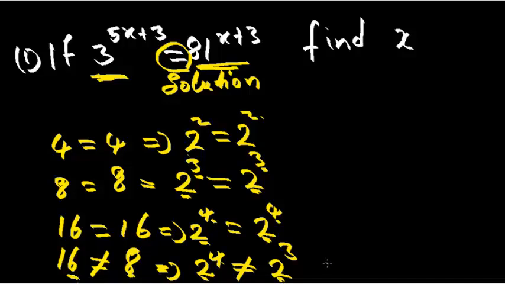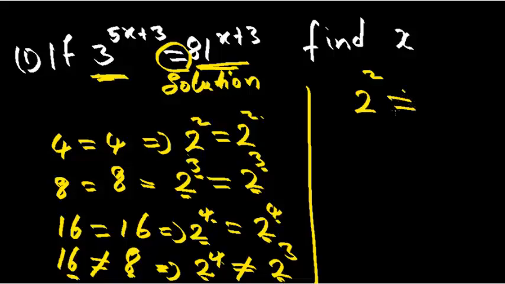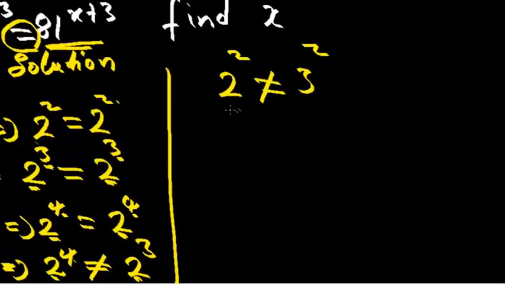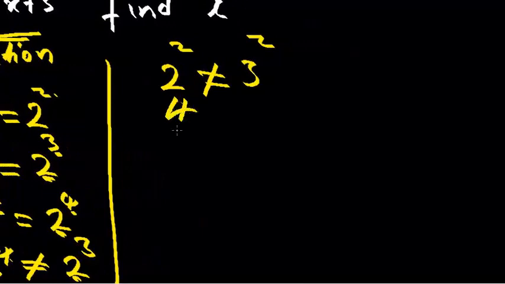Also, if the indices are the same and the bases are different, the left side will also be different from the right side. For instance, if I have 2 exponent 2 and then I have, let's say, 3 exponent 2. 2 exponent 2 is giving me 4, and then 3 exponent 2, which means 3 square or 3 times 3, is giving me 9. So you see that 4 is not equal to 9.